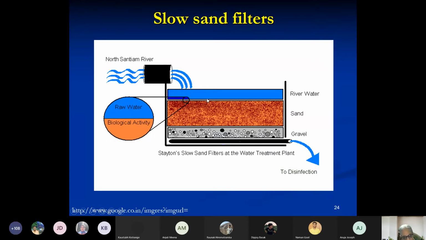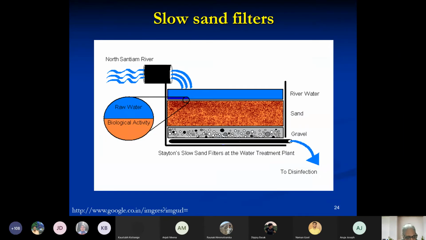So this bacteria that's growing at the top will form this slime layer, and it will add to the efficiency of the filter. But after a good amount of time, maybe a few months, maybe a few years, you will get sufficient buildup of this slime layer, and you have to remove it manually.